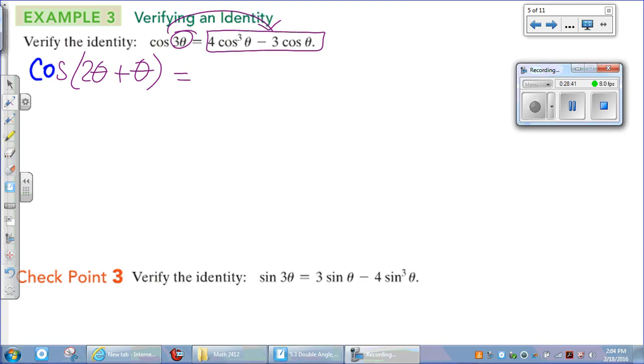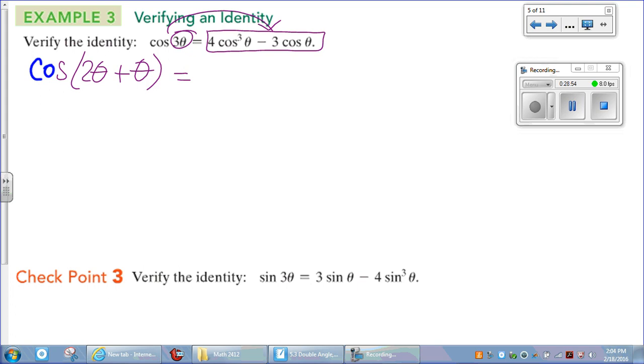Okay, so from here, let's go ahead and use the formulas that we have for double angle. Now, we do have 3 alternatives, right? We have 3 options. One of them is the one that we have on the dry erase board. It has cosine squared and sine squared. What we're trying to get only has cosines. You guys notice?